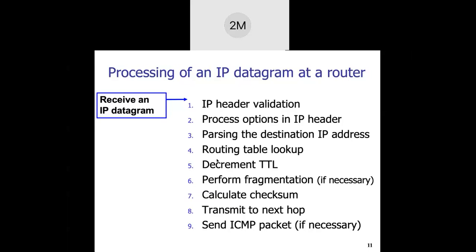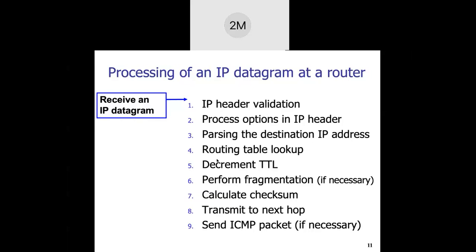For that it is using the header checksum, which is again in the IP only, because there is no error correction for the data, but at least to guarantee that the packet is not going to the wrong destination, the destination addresses and all the header fields should be intact. That's why first it will check the header validation, so it will guarantee that all the fields in the header are intact. Then it will process the options, because options give more information regarding the routing.